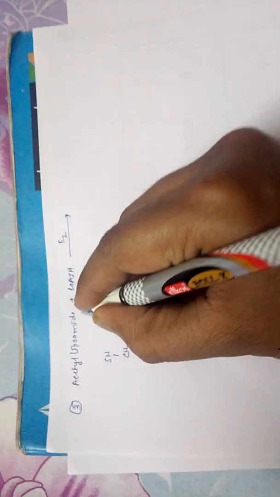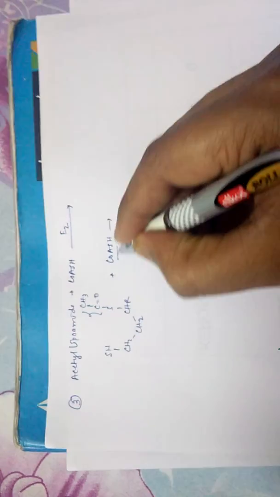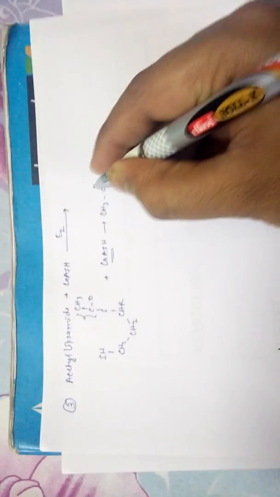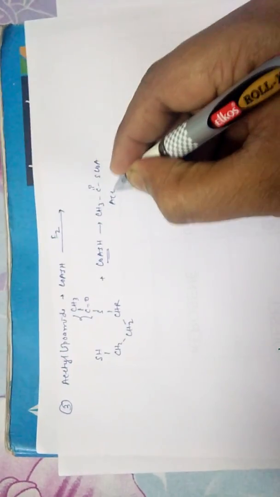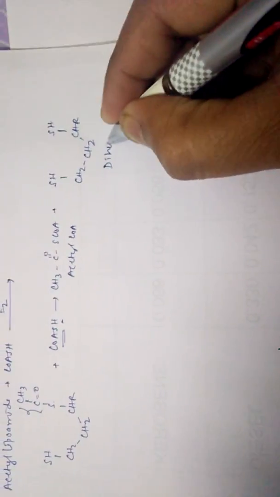So this is the acetyl lipoamide and this is the coenzyme A. So this acetyl group will accept the CoA to form CH3 C double bond O SCoA, known as acetyl CoA, and therefore this hydrogen will be accepted by the sulfur to produce dihydrolipoamide.